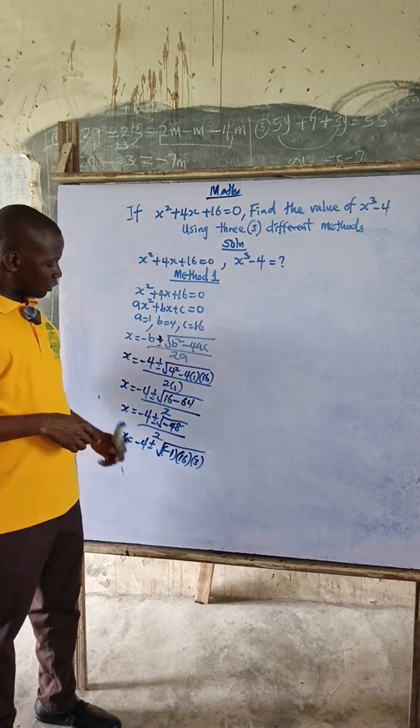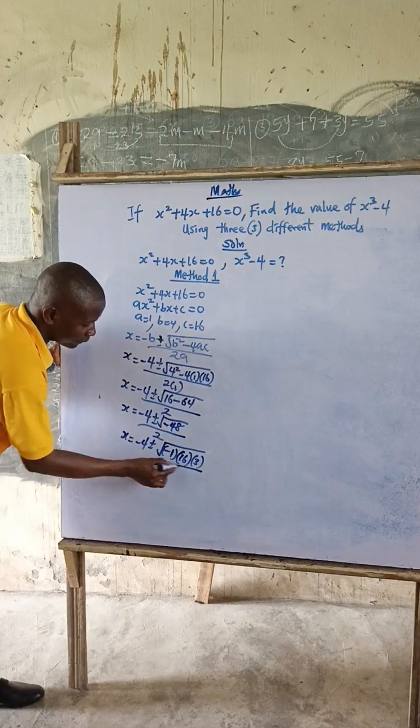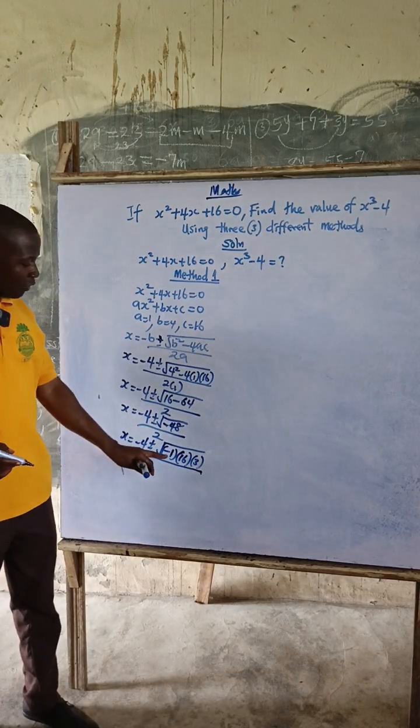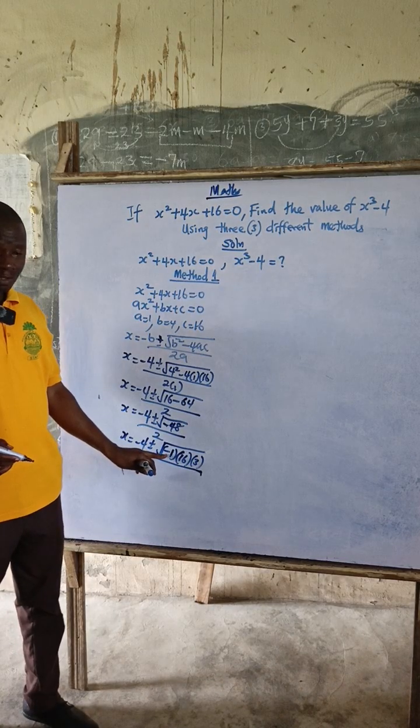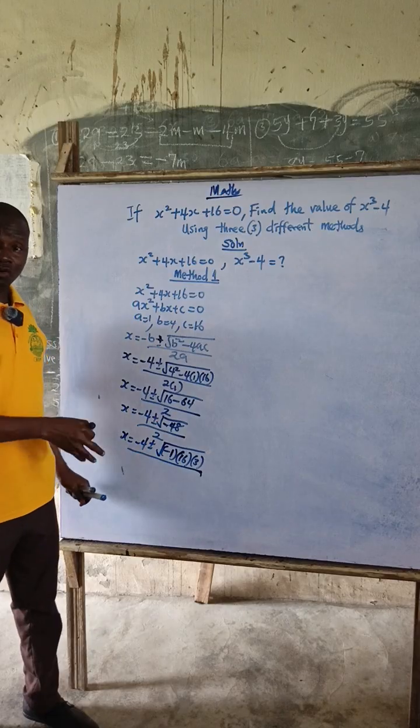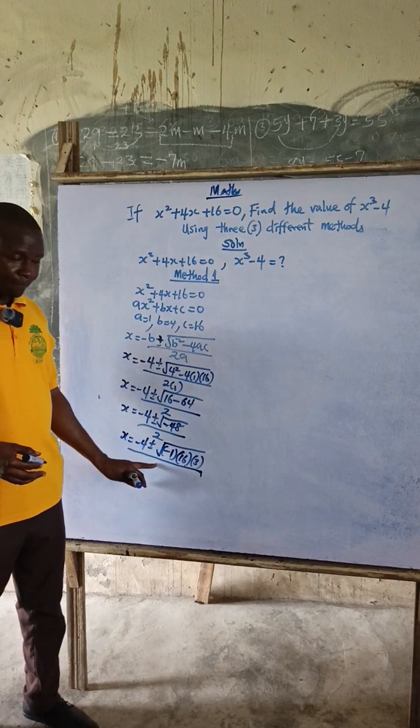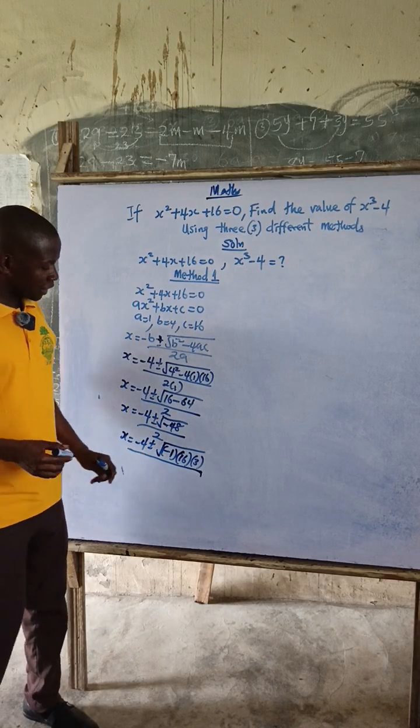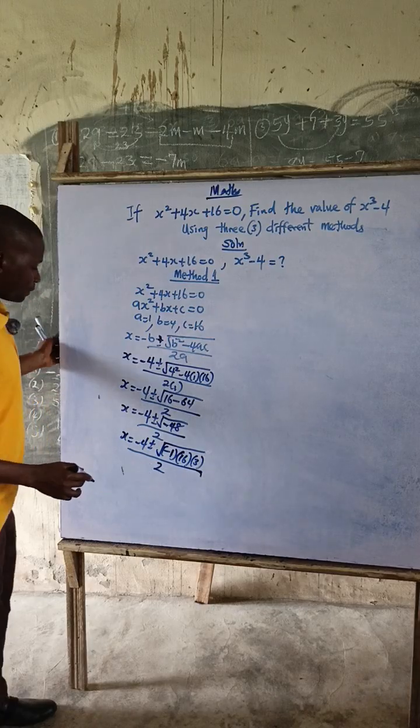So with this, we are no longer dealing with real numbers. We have left the real world, and we are now in the complex world, with this expression divided by 2.